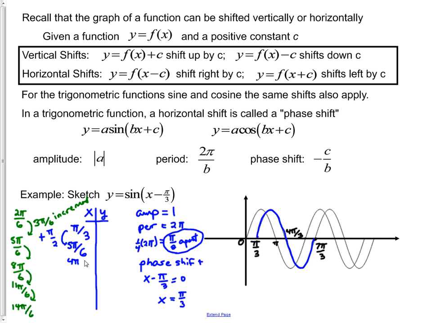As we said, that was the halfway mark here on our graph. We take 11 pi over 6. That does not reduce. And then we add our 3 pi over 6 again, 14 pi over 6, and that does reduce to 7 pi over 3, which is where we have one full cycle ending. Since the amplitude is 1, all of our y values will be the same as they were before.